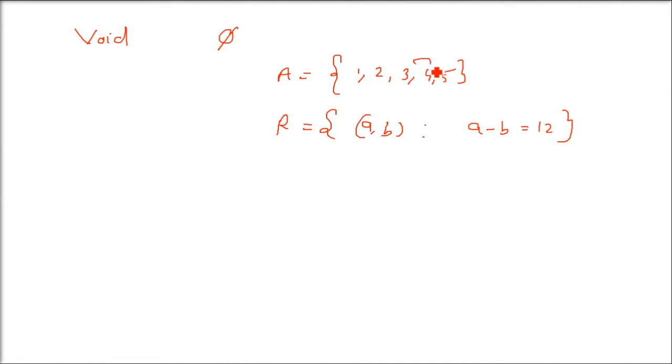Now take any element as a and any element as b. Just take 3 minus 4, or 5 minus 4, or 5 minus 1. Are you getting 12? You won't get 12 anywhere, anytime. In any combination of two elements you take at a time, you won't get 12. So the result is empty. So the relation is empty. The relation will not contain anything.